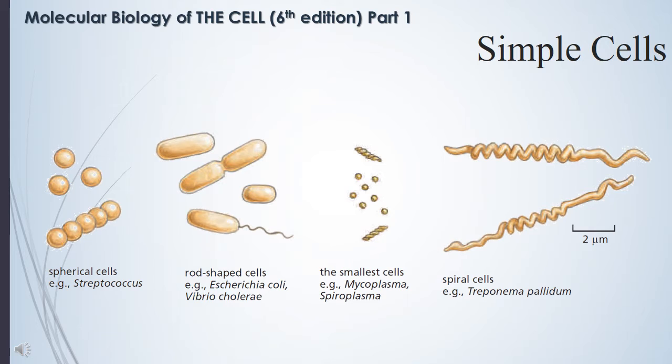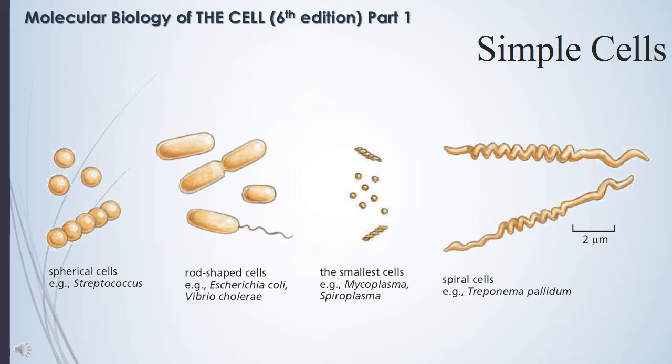Basically small little circular cells. We have our well-known E. coli, which are elongated cells with flagella, and they can move very rapidly. We have tiny cells called mycoplasma, which are probably the smallest cells. And then we can have really long elongated spiral treponema cells.